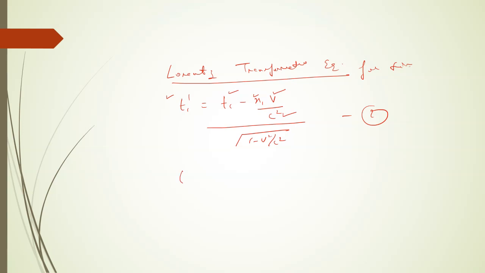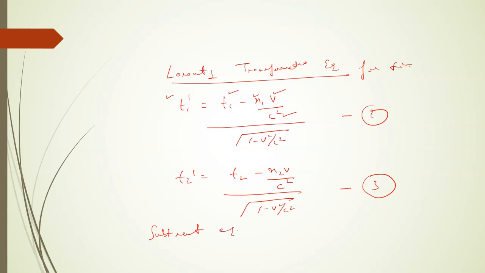Similarly, t2 dash for the second event equals (t2 minus x2 v divided by c square) divided by the root of 1 minus v square by c square, equation number 3. Now subtract equation 2 from equation 3.